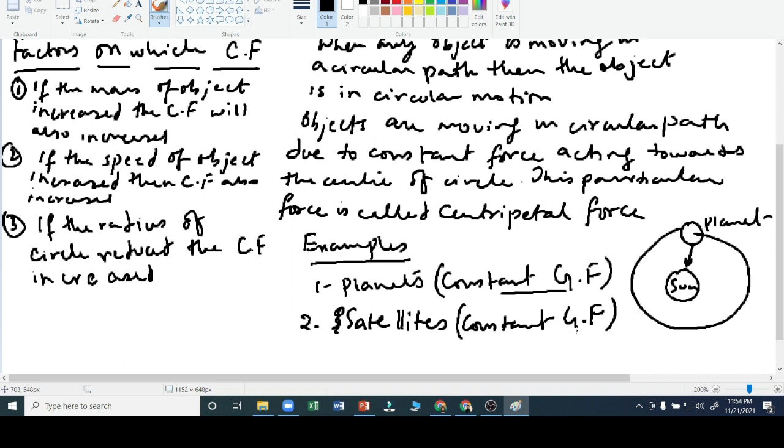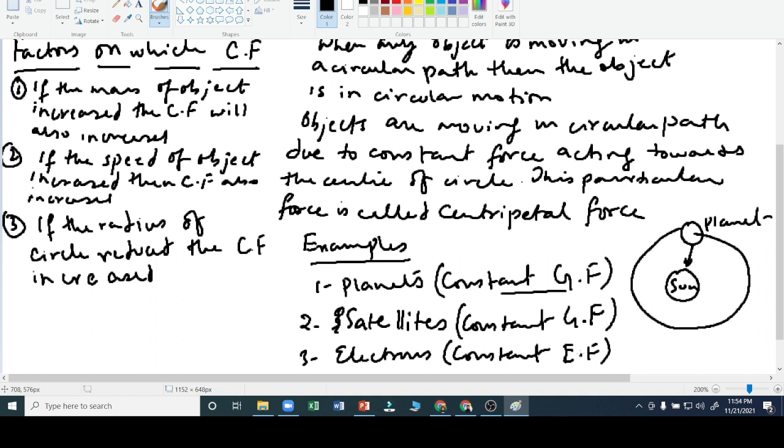And the third example is electrons. Electrons are orbiting around the nucleus, and this is due to a constant electrostatic force acting towards the nucleus of an atom.